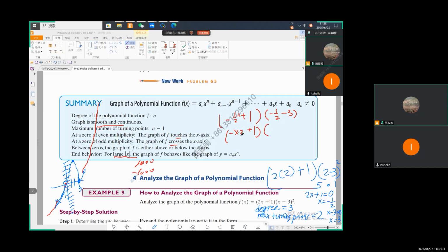So to be more exact, I would just write x times 2, with x being negative 1 over 2, so 2x plus 1. This other one is okay to approximate, so this is negative 7 over 2. Does that make sense? Yeah, okay.